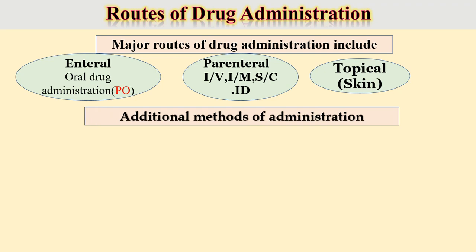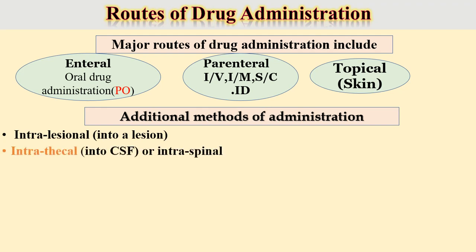So also we have additional methods for special drugs or special administration, like intralesional, that means directly in the lesion, or intrathecal in the cerebrospinal fluid, or intraspinal, either hypodural or low epidural.